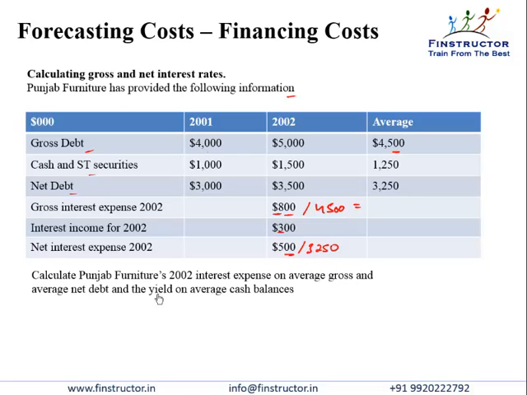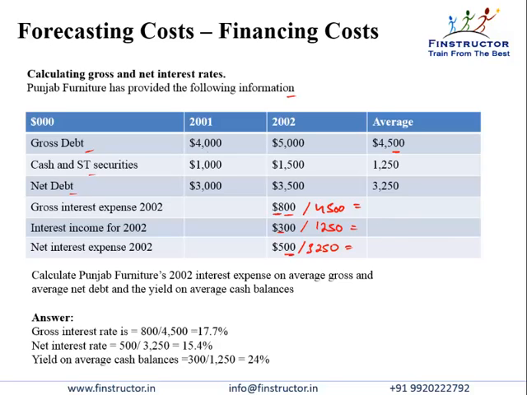The yield on cash balances can be calculated as 300 divided by the average cash and short-term security, that is 1,250. Which comes out to be 17.7%, 15.4% and 24%.